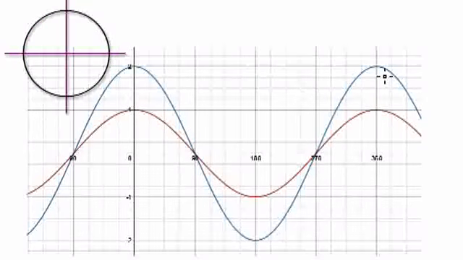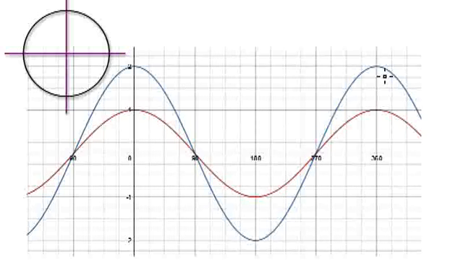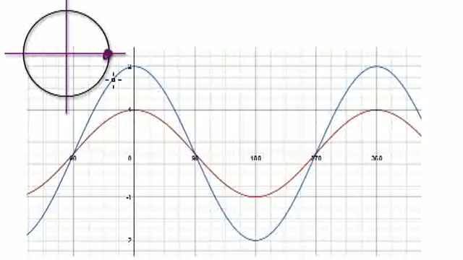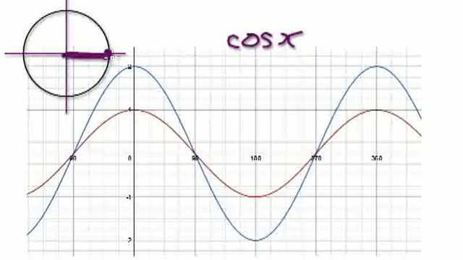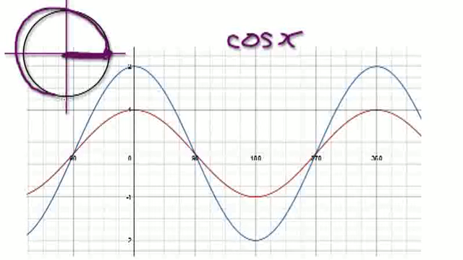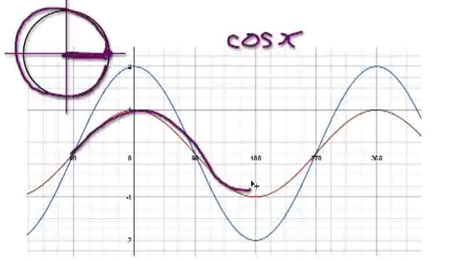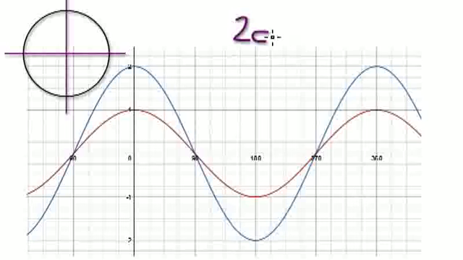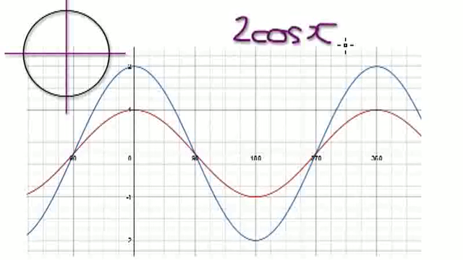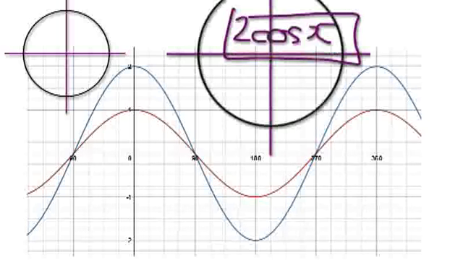One way to understand what's going on here is to remember the red line is cos of x, meaning the width. As this thing moves around, you're looking at the width, so cos of x looks like this. Now, to understand 2 cos of x, one way is to look at this.